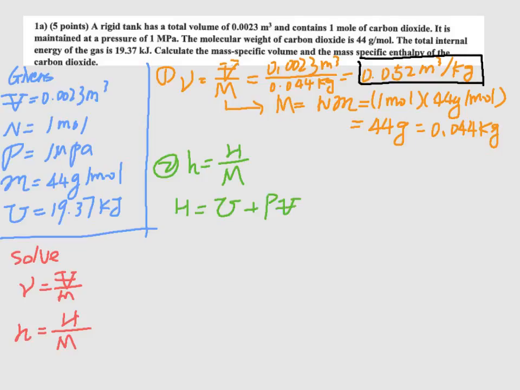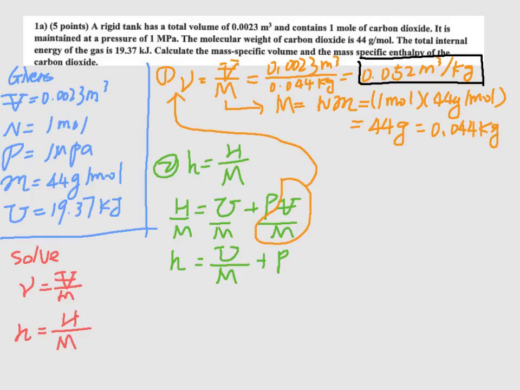Since here we're dealing with specific properties, we're going to divide each term by m, the mass. And this will give us the mass-specific enthalpy is equal to the internal energy over the mass plus the pressure times the volume divided by mass, which is the mass-specific volume, something that we already calculated.